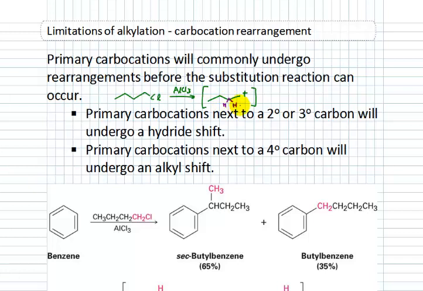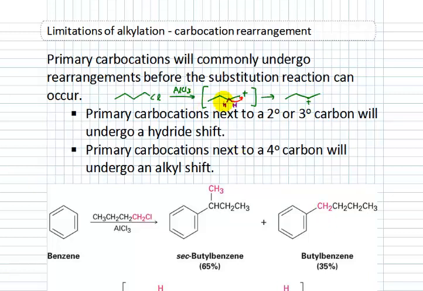Very quickly, one of the hydrogens from the secondary carbon next to it, its electrons will allow it to become attached to that end carbon, and what we'll end up with is a secondary carbocation right there. So that's the sec-butyl carbocation. That'll be the major product if you were trying to make 1-chlorobutane. You'll end up with your 4 carbons attached at the second carbon instead of the first one.